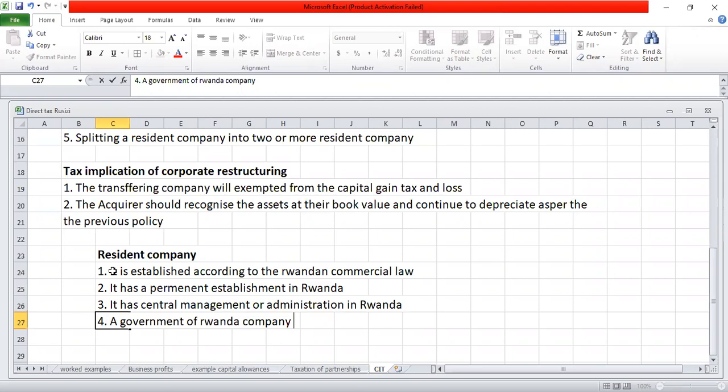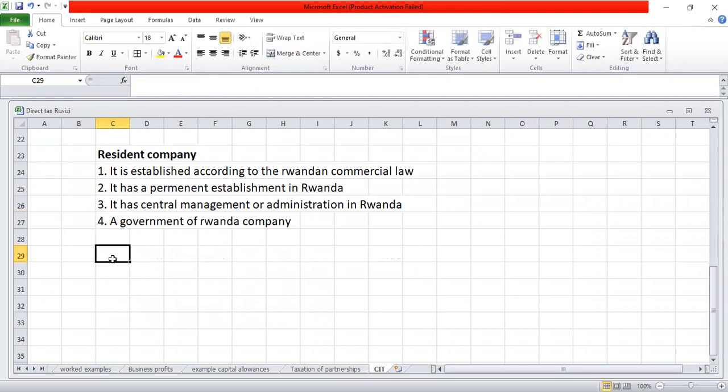Now, what's the tax implication? It's almost the same that we looked at.